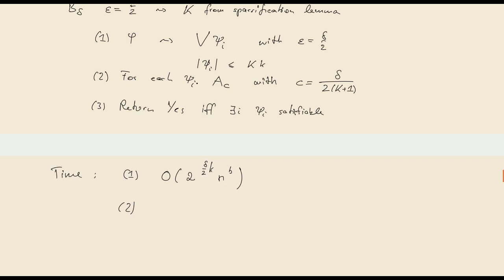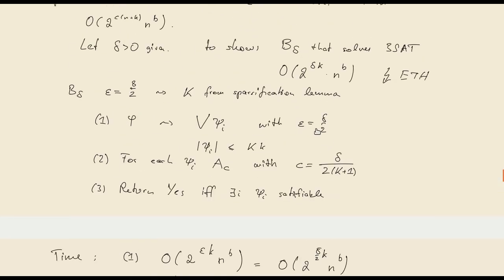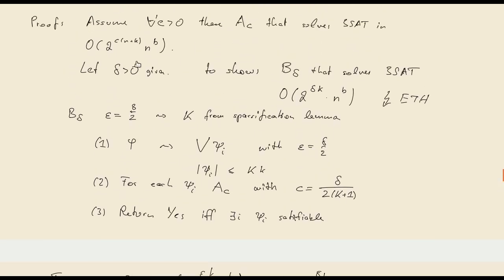Step 2 has to iterate over these many formulas, and again from the sparsification lemma. So this was the epsilon. Maybe I should write epsilon here first, and then we chose epsilon just to be delta half. Here we had so many psi's, and for each of these we use our AC, which had this running time.